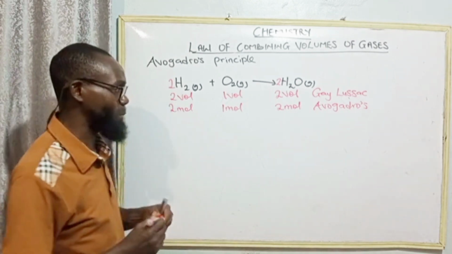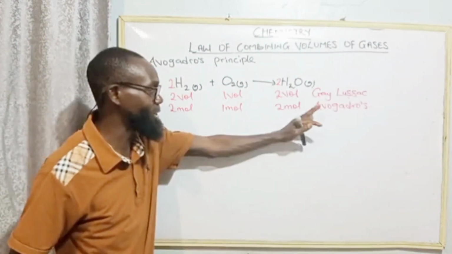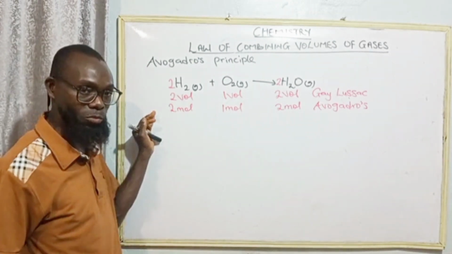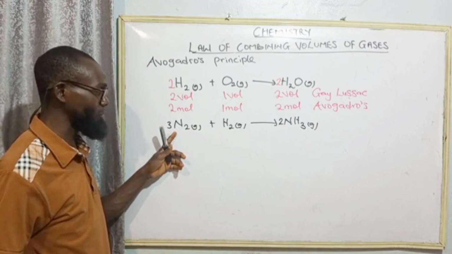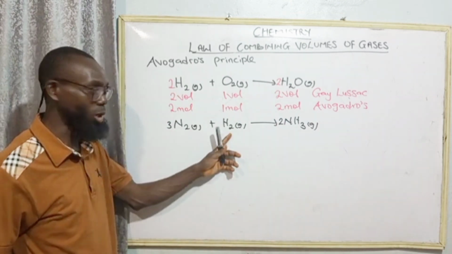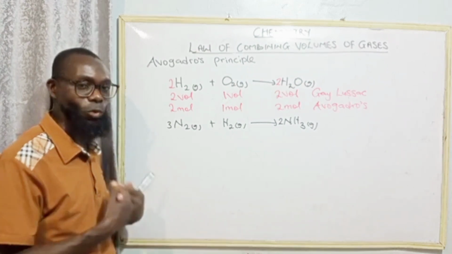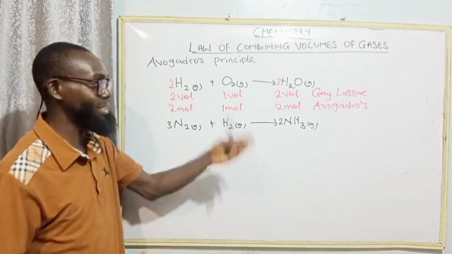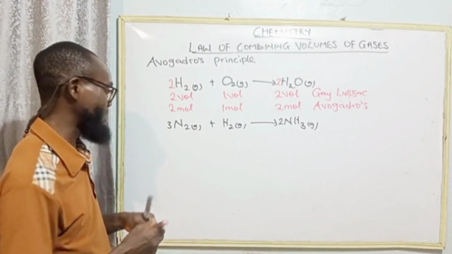So Avogadro's principle is talking about number of molecules, while Gay-Lussac is talking about volume. Likewise, 3 moles of hydrogen combining with 1 mole of nitrogen to give 2 moles of ammonia gas. If we are considering the volume, that is Gay-Lussac, but if we are talking about the number of molecules, that is Avogadro's.